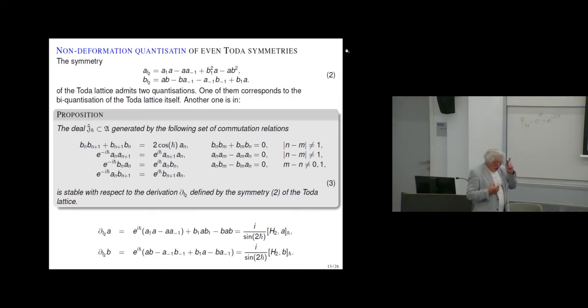We don't have the Poisson equation, we don't have the Hamiltonian equation, we don't have Poisson brackets, but we still have the Heisenberg equation with the new rules, and that I would call non-deformation quantization, because we don't deform the Poisson bracket, we just find a proper ideal.